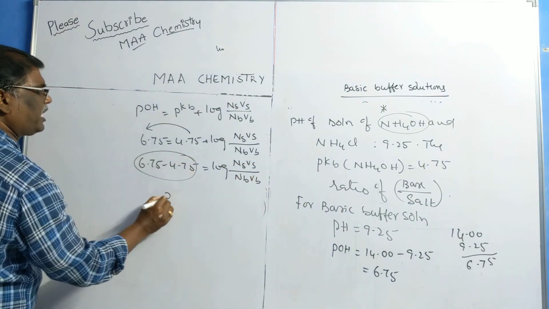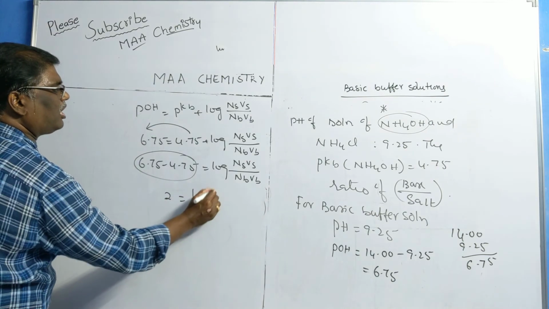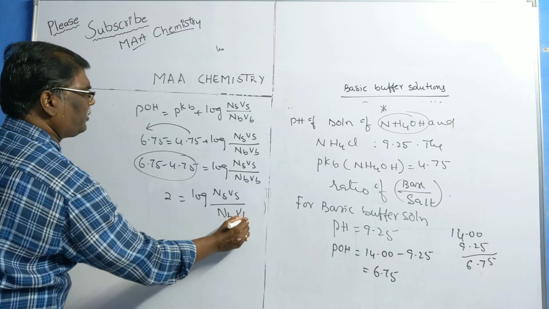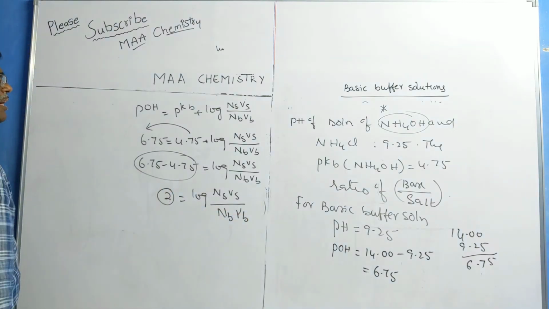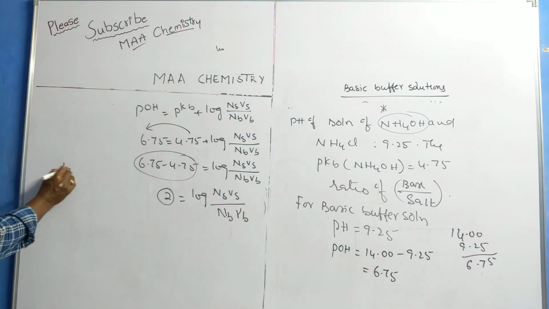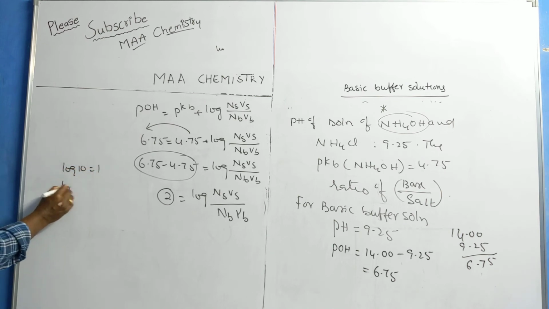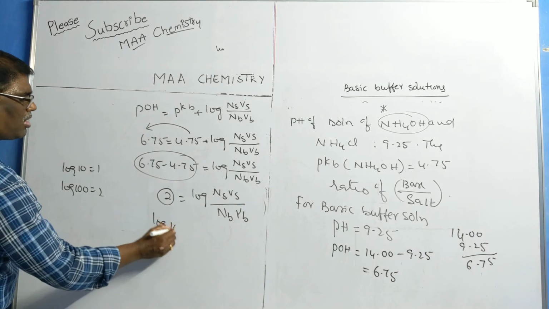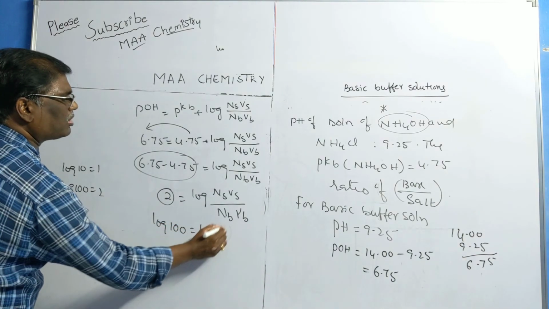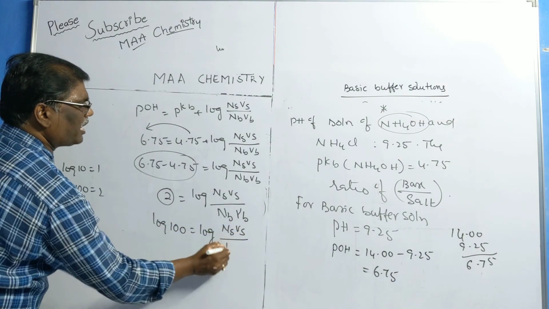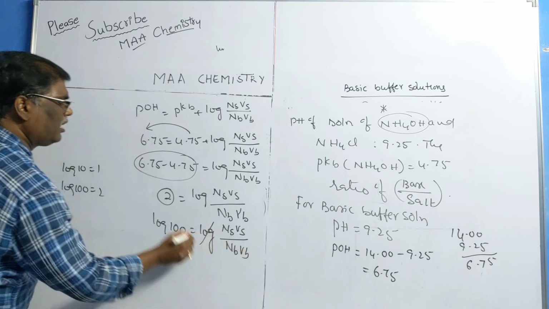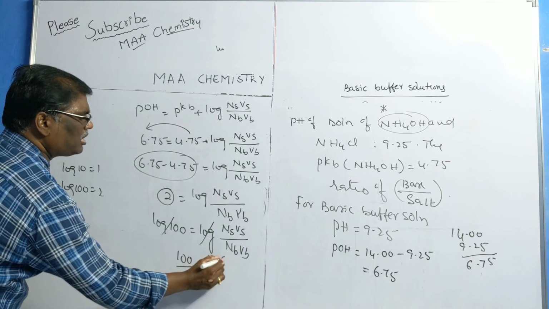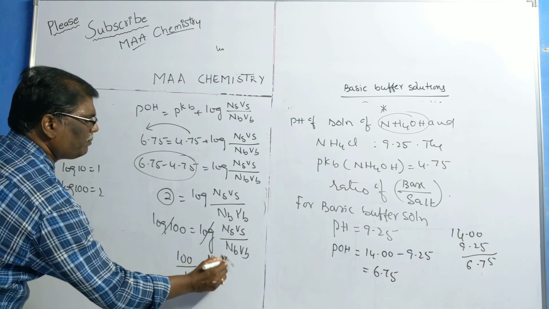On simplification we get 2 equal to log of NsVs by NbVb. In the previous class I told you 2 can be written as what? Log 10 is 1, log 100 is 2. That's why in the place of 2 I am writing log 100. Log 100 equal to log of NsVs by NbVb. On simplifying we get 100 by 1 is the ratio of salt to the base.